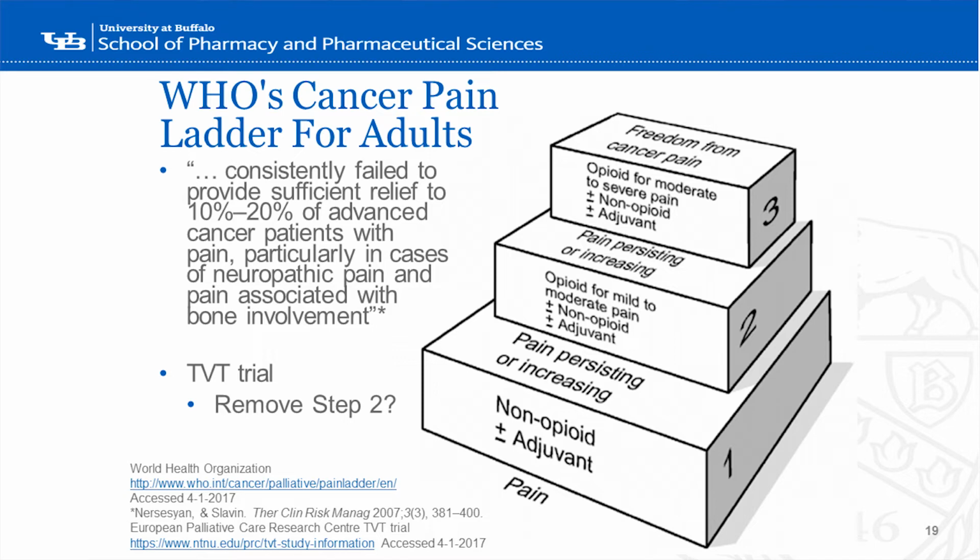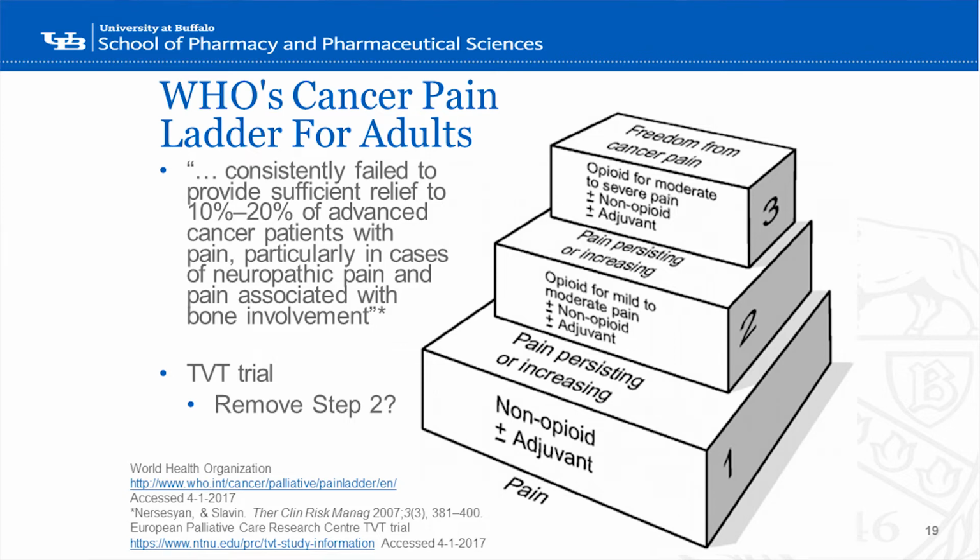One study showed that it consistently failed to provide sufficient relief to 10 to 20% of advanced cancer patients in pain, particularly in cases of neuropathy pain and pain associated with bone involvement. Oftentimes, although it's stated that an adjuvant is added, those are often missed, and those adjuvants would be those medications directed towards neuropathic pain or pain associated with bone involvement.